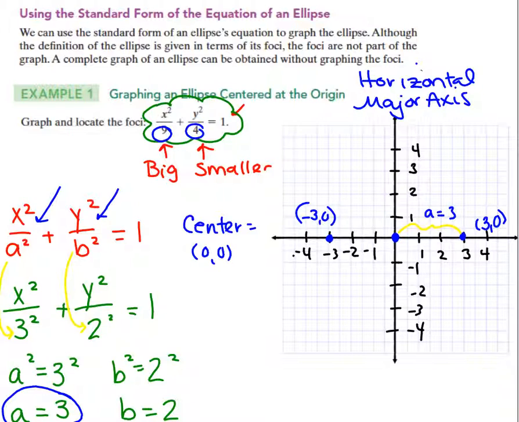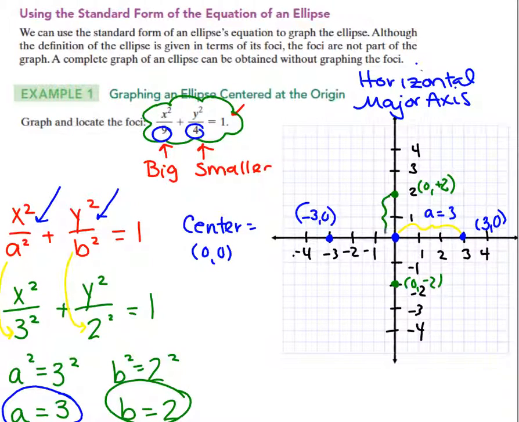All right. Now, coming down here, B equals 2. So we start at the center again. We're going to go on the minor axes, so the vertical, 2 units up, 2 units down. This is 0, 2, 0, -2.